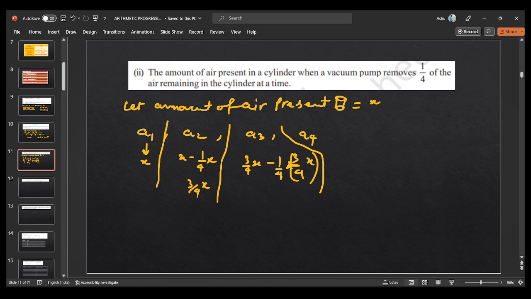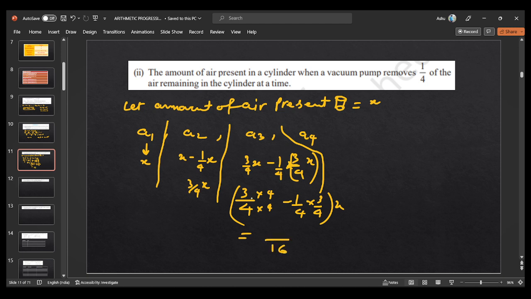We get here 4, so we should rearrange it: 3 by 4 into 4 into 4 minus 1 by 4 into 3 by 4, take common of x. We get 4 fours are 16.